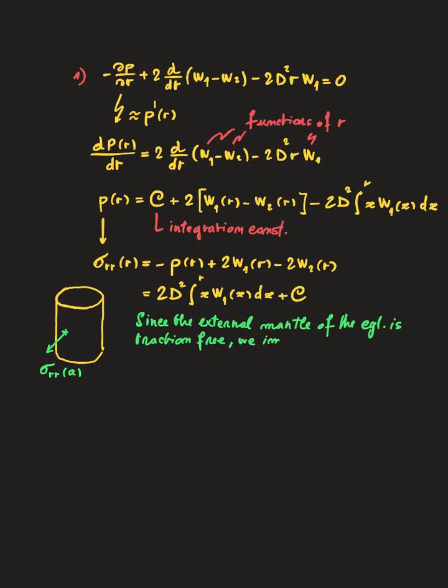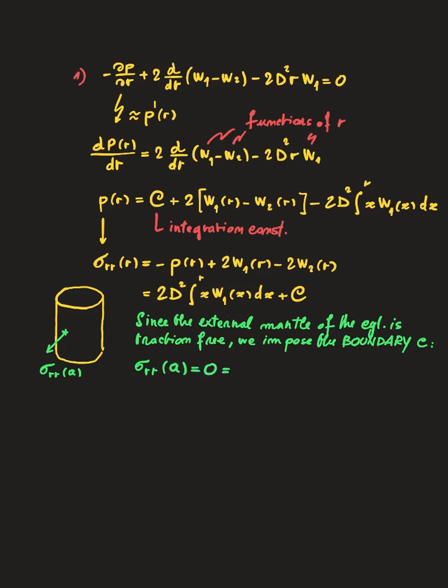We impose the boundary condition that sigma RR evaluated at the external radius of the cylinder A must be equal to 0.